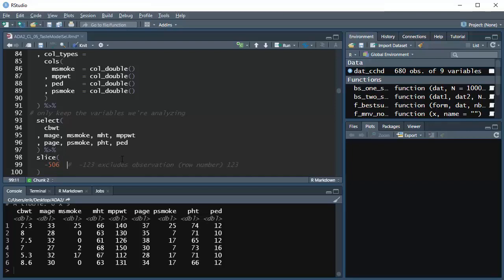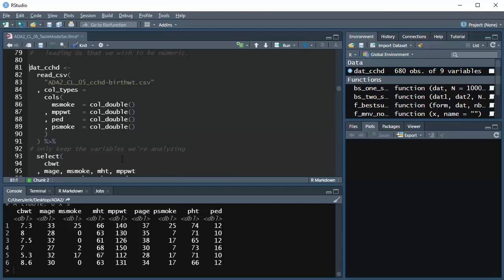So we're going to exclude observation 506 from the data set. And I'm going to make a comment here that observation 506 was influential in full and reduced model. Okay, so that's why we're doing that.